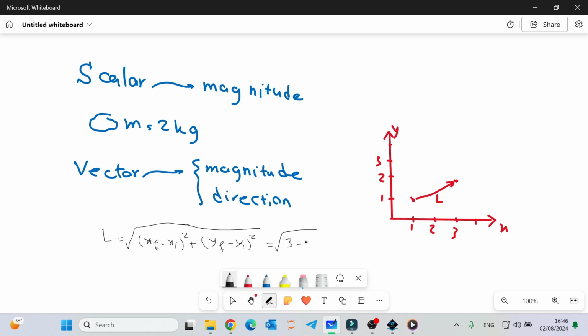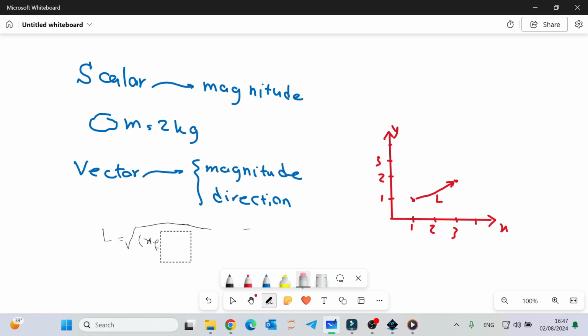So 3 minus 1 squared plus yf, which is 2, minus 1, again squared. So it becomes 4 plus 1, which means the square root of 5. It must be, for example, 2 point something.